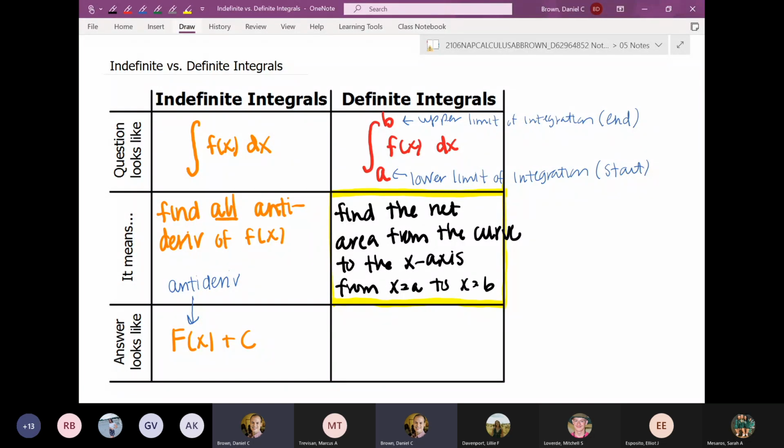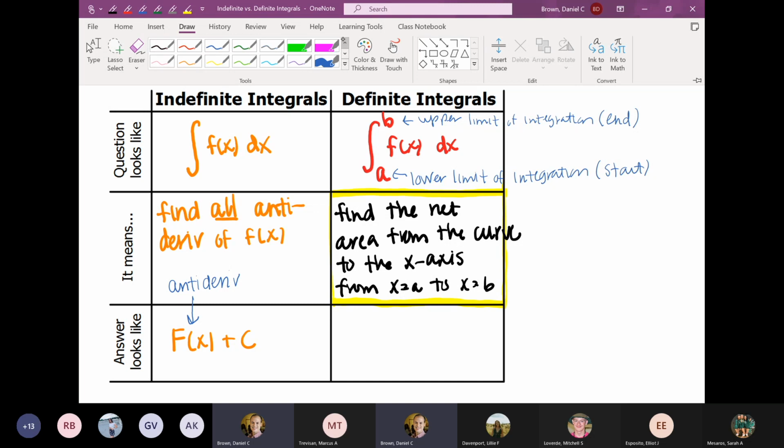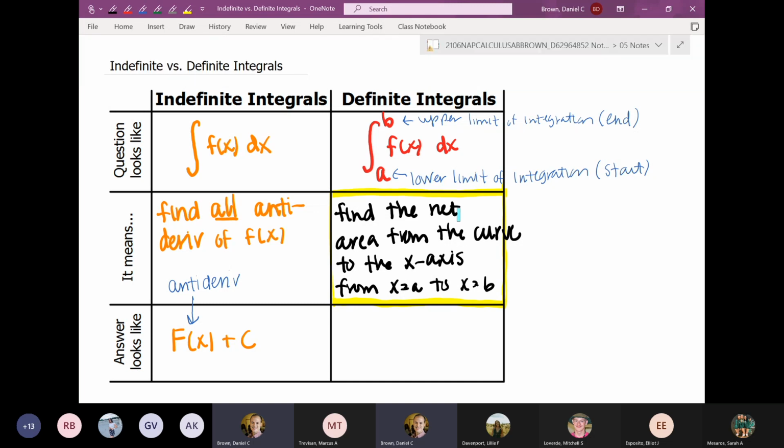Some key words that I'm going to focus in on: we are going to focus on the idea of this net area, and then, of course, you can see the starting point to the ending point, and it's the net area to the x-axis.